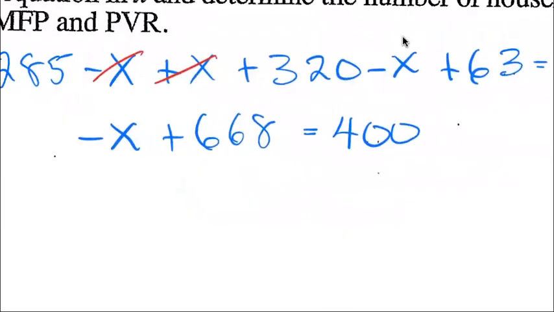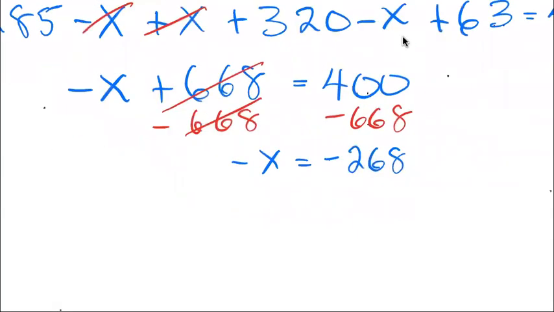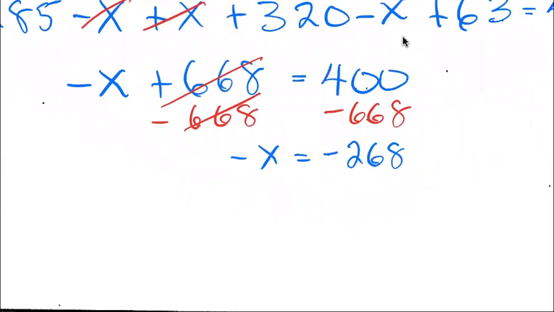Still solving here. I need to subtract 668 on this side. Those will cancel. Subtract 668 on the other side. Those will, sorry, not cancel, but those will calculate out to negative 268. And I'm left with my minus X. I need to divide this by negative 1 to get rid of that negative value.